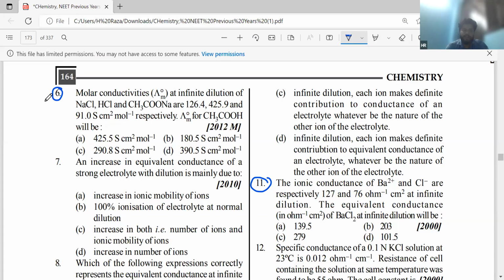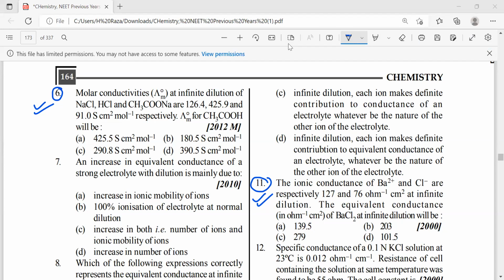Now I'm going to share that page. Samia, try this question number 7. Sorry, 6 and then 11. Sir, for 11th one, A. Very good. Just wait for a few minutes. Samia will be done with this, then we will go to the next.